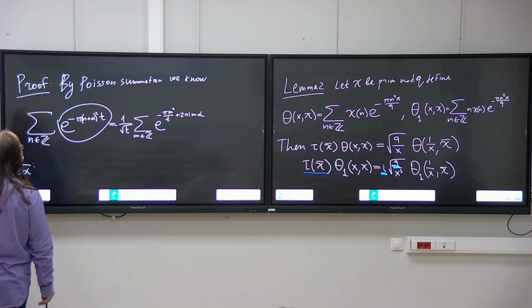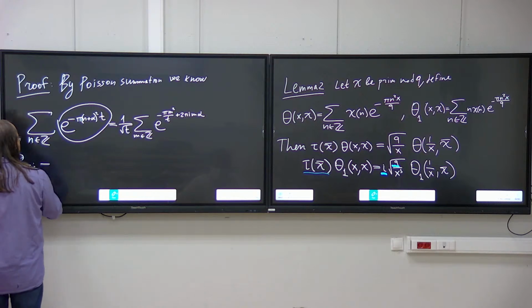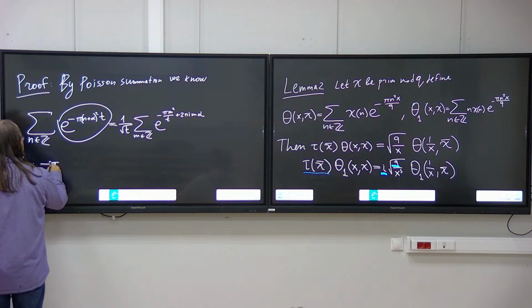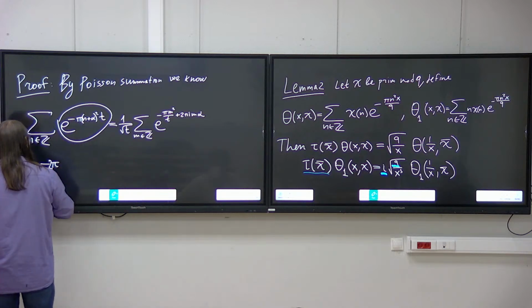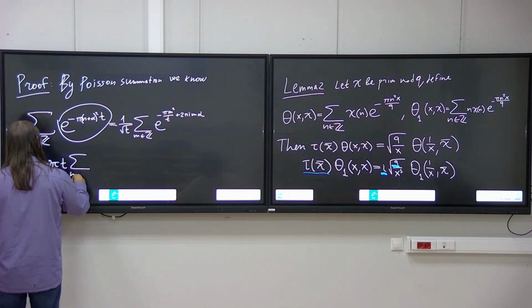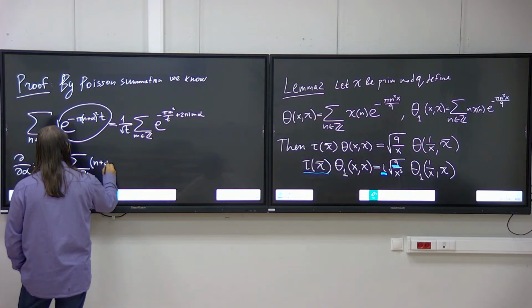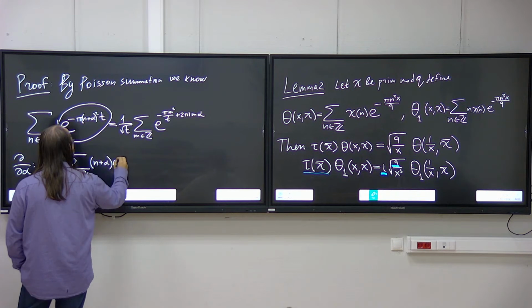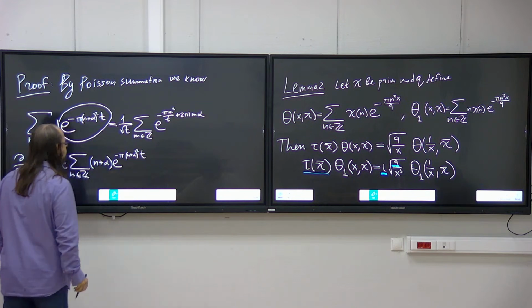This is going to get you minus 2 pi t, one more factor, sum over all n in Z, n plus alpha, e to the power minus pi (n plus alpha) squared t, right?